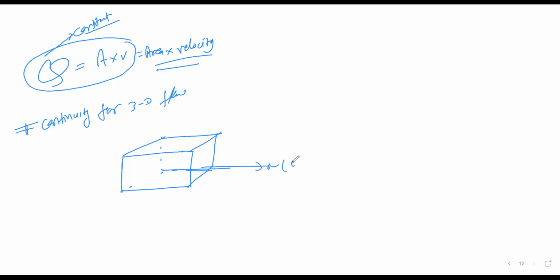Along x direction it's u, along y direction it's v, and along the z direction it's w velocities. So यहाँ पे हम लोग consider करेंगे, let's say that length is dx, dy and dz.